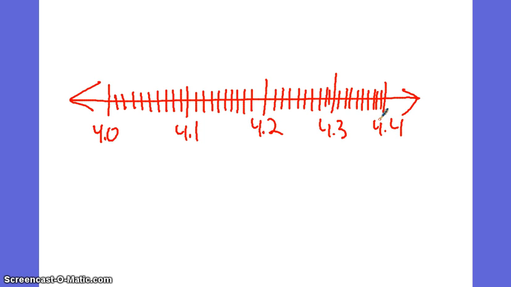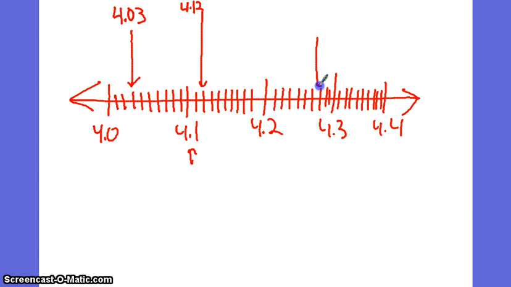So what are we talking about in each thing here? If I draw an arrow here, then the number I'm talking about is 4.03. This one is 4.12. This one here then is 4.2, 1, 2, 3, 4, 5, 6, 7, 4.27.